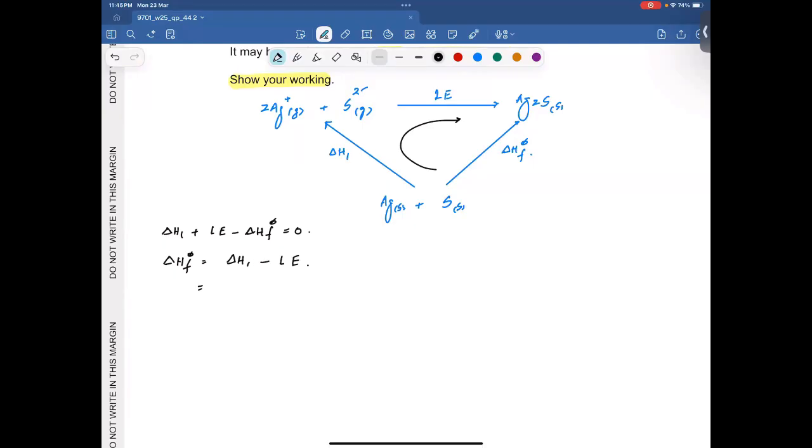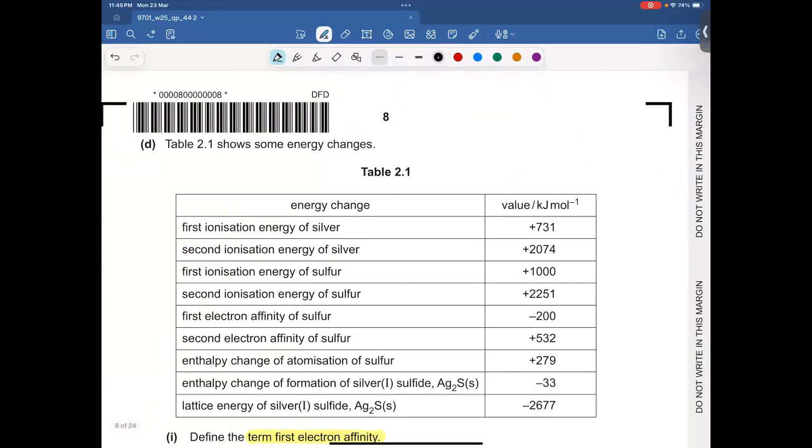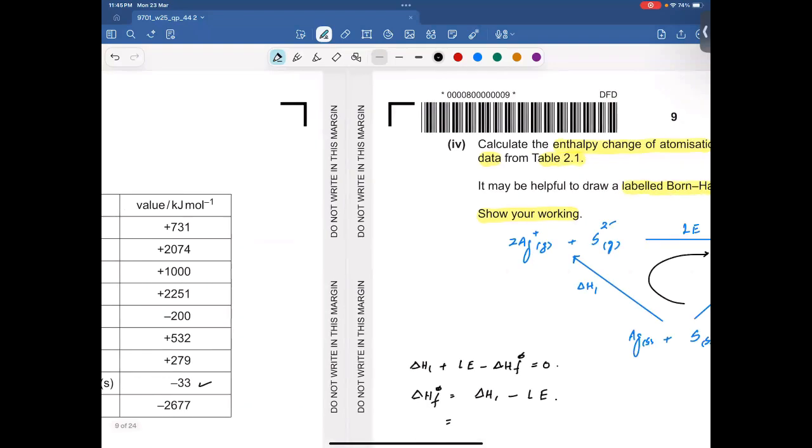Delta HF of silver sulfide is given, minus 33.